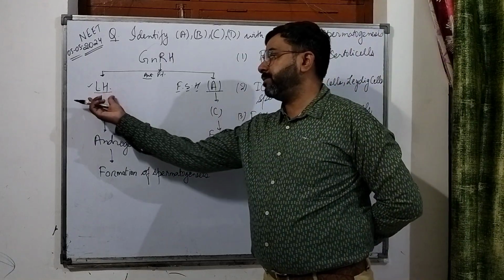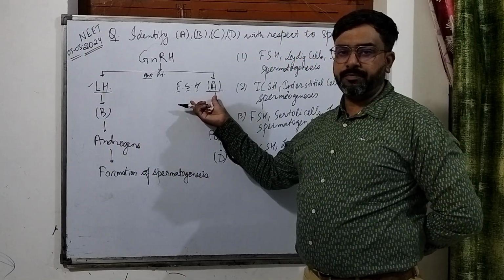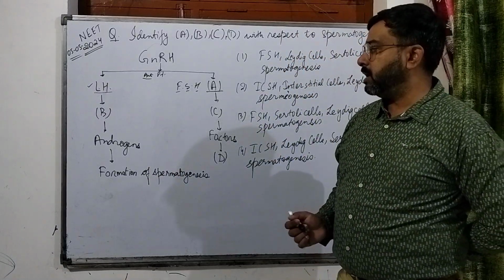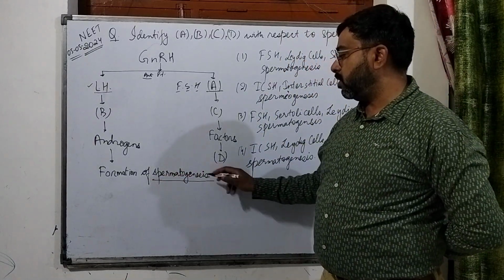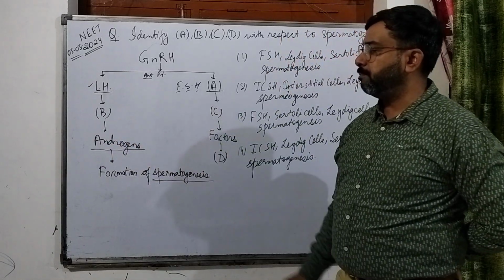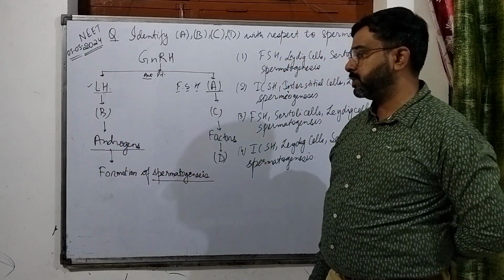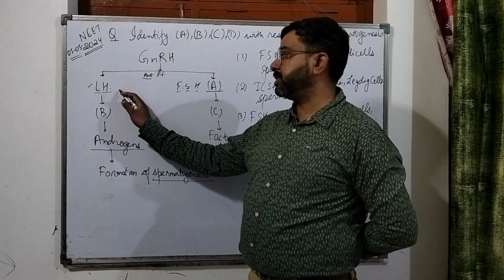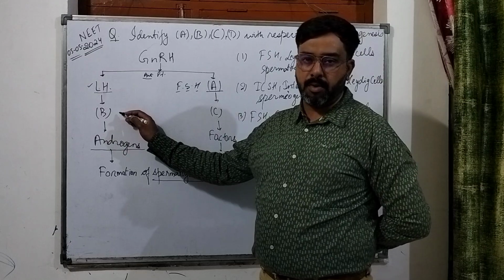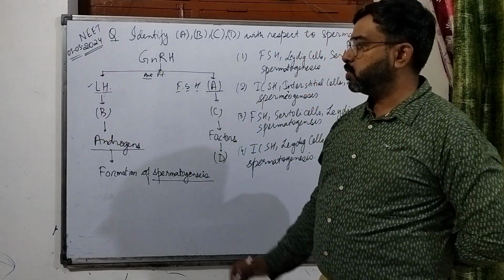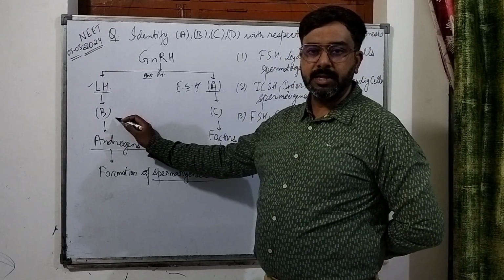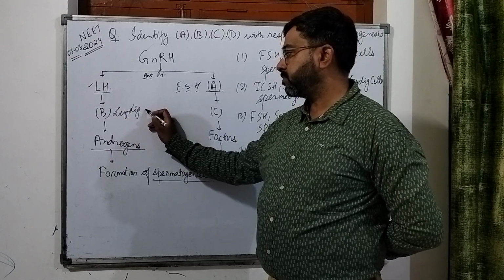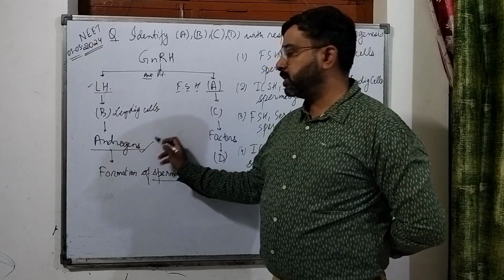Now this FSH and LH both have particular roles in male and female. Here, this flow chart belongs to male because they have taken two words, androgens and spermatogenesis. LH will be acting upon the Leydig cells, and through these Leydig cells androgens will be released.